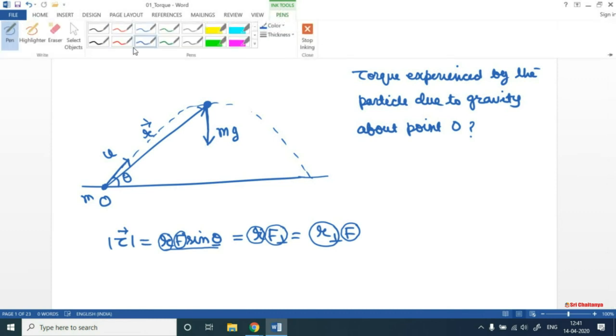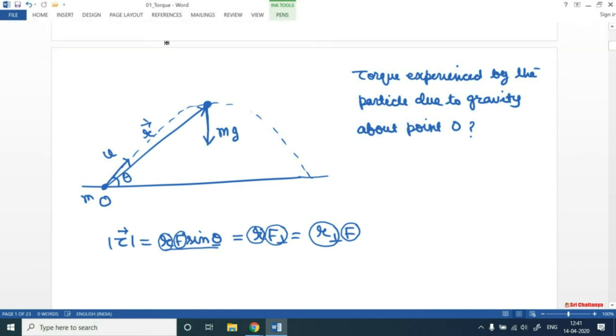So this is the vector r, and we can resolve this r into two mutually perpendicular components. This component would be r perpendicular, which would be nothing but half of the range. The formula for range is u square sine 2 theta by g, and that divided by 2 would be r perpendicular.